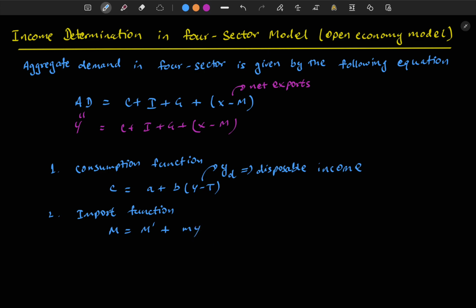This M dash is the autonomous imports. Here, A in the consumption function is the autonomous consumption. Similarly, M dash in the import function is the autonomous import, which means the import that a country is going to do no matter what happens. It is the compulsory import a nation will do.